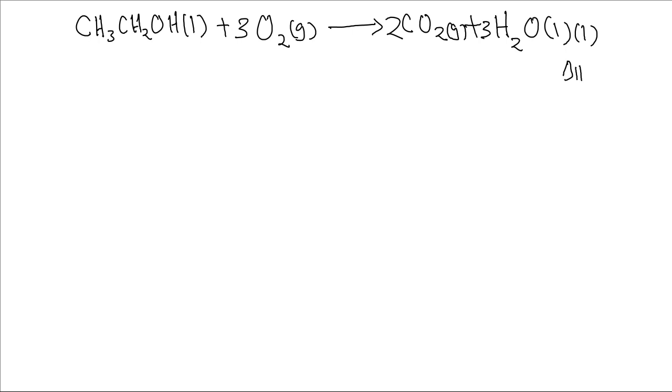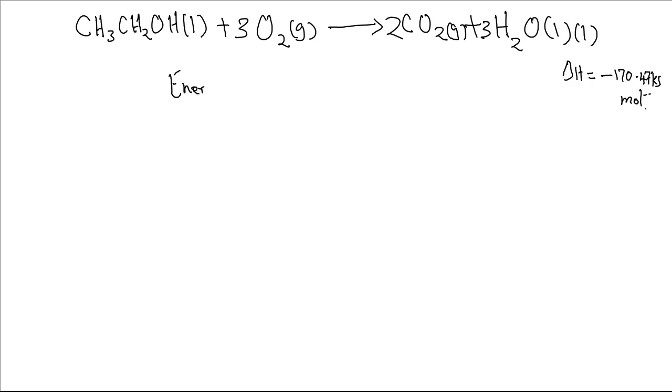Delta H is equal to minus 170.47 kilojoule per mole. That is the thermochemical equation. This thermochemical equation can be illustrated in the energy level diagram as follows.